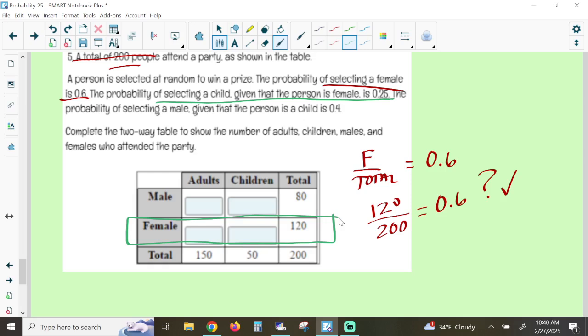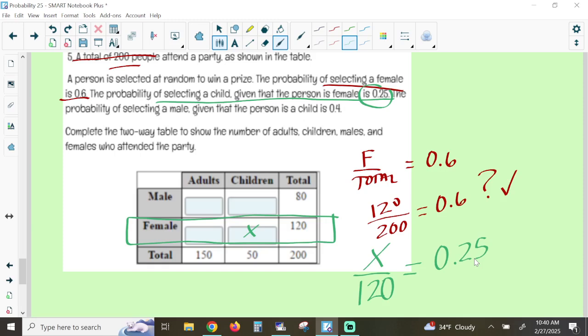So let's call him a variable. What do you want to call him? X. Okay, so let's look for that because they just said the probability of a child out of females. So X out of 120 has to equal 0.25. So that's what that sentence says.